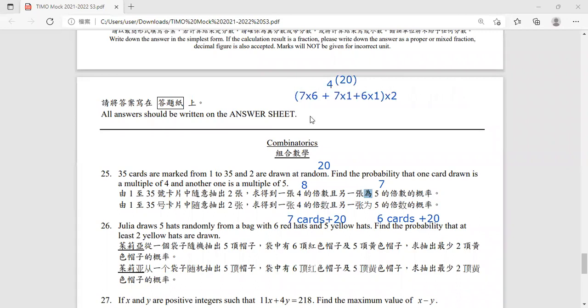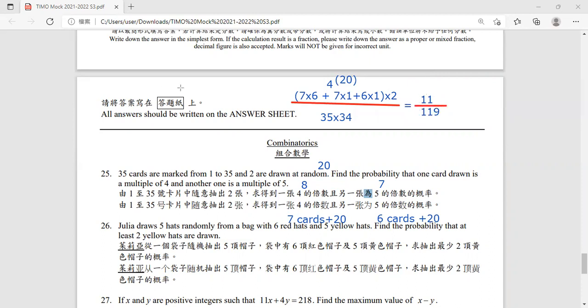And I will divide the whole thing by the number of cards I can draw, which is 35 times 34. Then calculate the answer and simplify the fraction, which becomes 11 over 119.